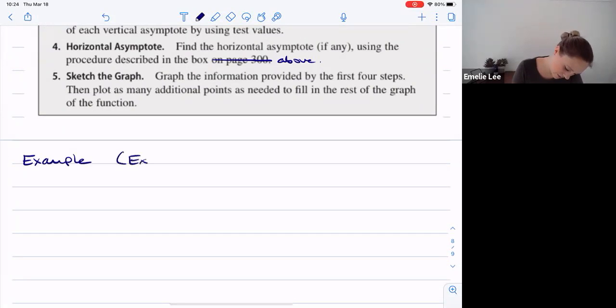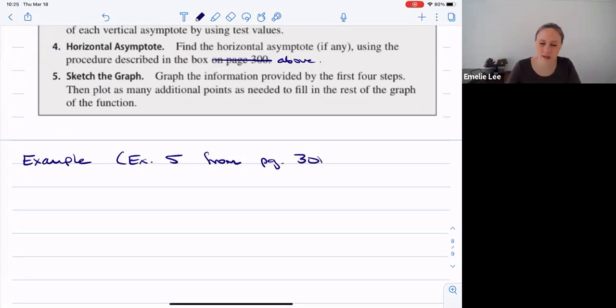This is example 5 from page 301, which doesn't actually help you because you're probably in an online textbook. And I think I might have an old edition. Anyways, you'll be able to find it. But this is just so we have a good example to follow with.